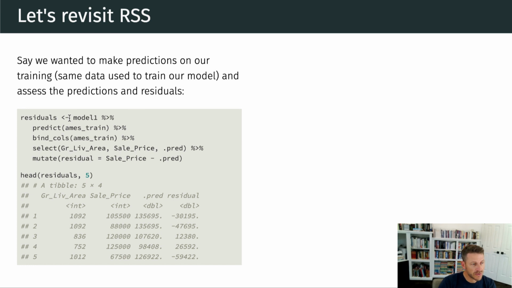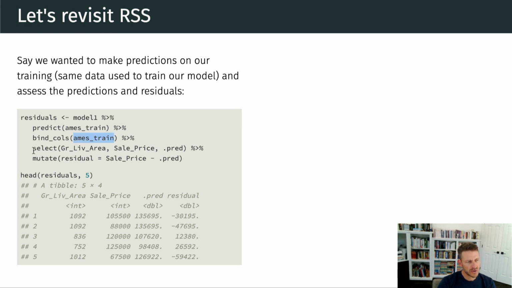And so this code, we saw parts of this in the last module, where we can take our model object and use that to make predictions. Here we're going to make predictions on the training data, and we combine that with the original training data.